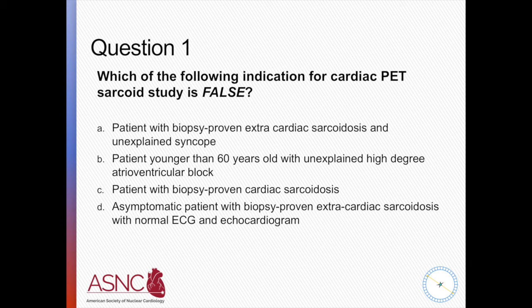And I think having a baseline PET, identifying the degree of inflammation and how the patient is responding to treatment, is key for this patient. And we saw a little bit of that in this case, in which, although it was not in the heart, the patient who initially had a lot of FDG uptake in extracardiac tissue then resolved with the use of immunosuppressive therapy. This is something else that we can use for cardiac sarcoid.